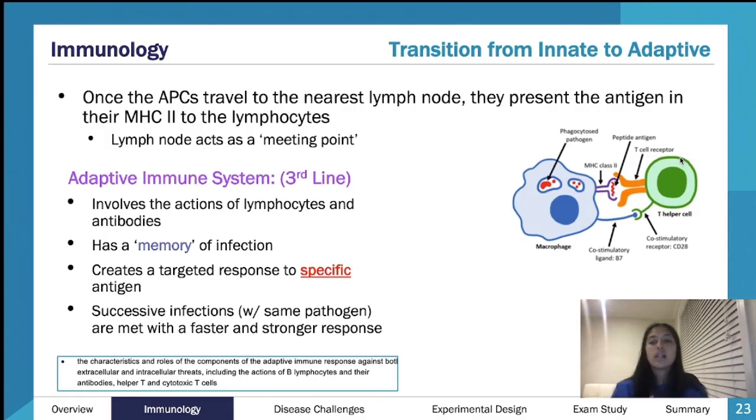And this T helper cell is specific to this antigen. So this is another thing as well. We're not presenting this to any random T helper cell that we bump into. We're presenting, let's say this is for like E. coli or something like that, to a T helper cell that is specific for E. coli. So this macrophage will be in a lymph node, and it'll take it to a billion different T cells. It'll take it to the COVID T cell.